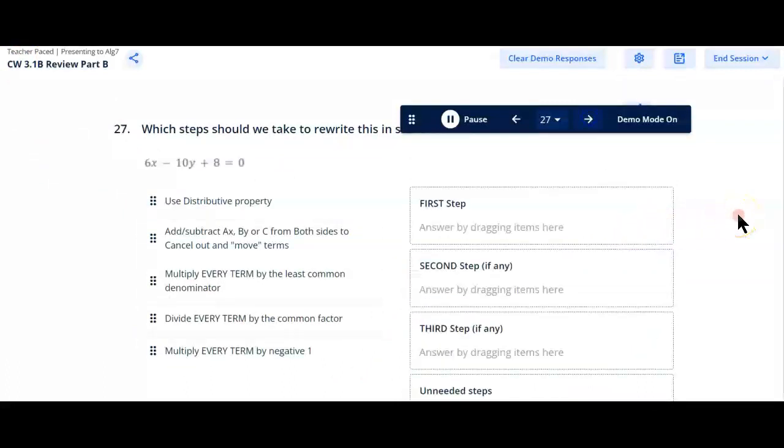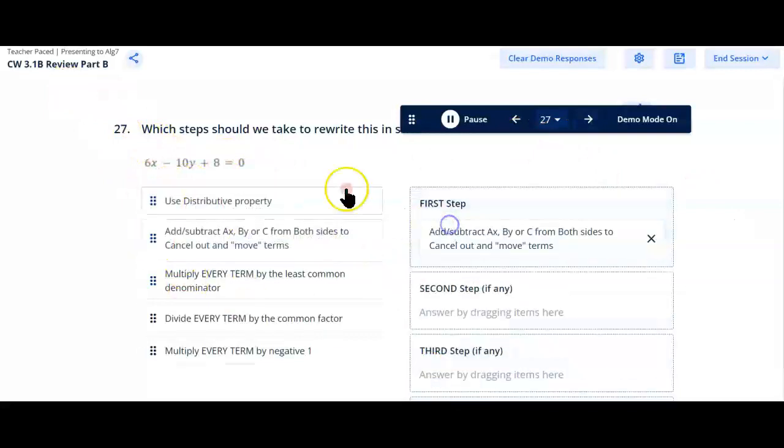Number 27. Would we need to use distributive property? No. Unneeded step. Would we need to add or subtract to move terms? Yes, because they're constant. We need to move the x. Do we have a least common denominator to cancel by multiplication?